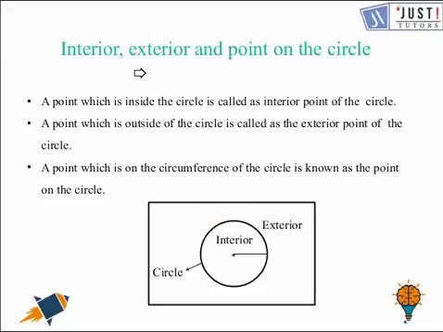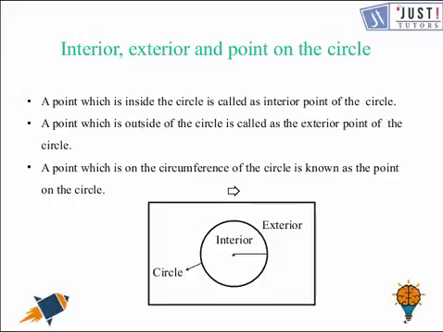Now let's see what is interior, exterior, and on the circle. Interior is inside. So any point which is inside the circle is called an interior point of the circle. Any point which is outside the circle is called an exterior point of the circle.